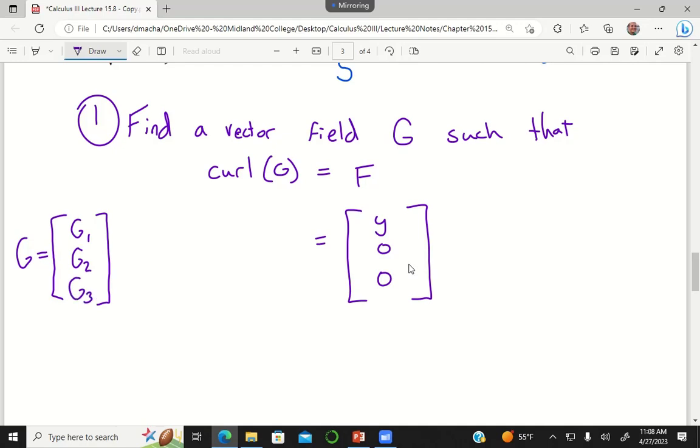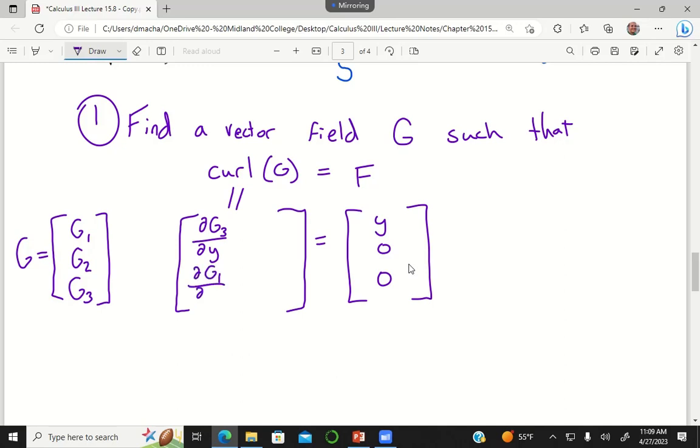Okay. So the curl of G is going to also be a 3D vector field, but the curl of G is going to be the partial of G3 with respect to y. And sorry, I memorized this all out of order.